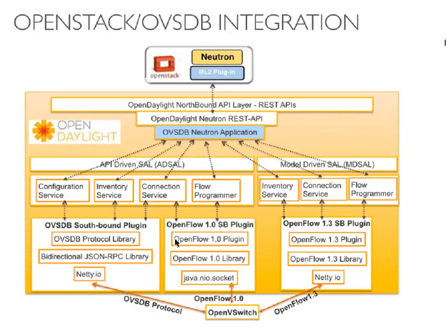The original ADSAL model is not Yang-based, but MDSAL is. That's why I separated them out, to showcase that 1.3 is a Yang-based approach, while 1.0 is not. With OVSDB we still work with no Yang, just a pure raw JSON architecture, and we use it as APIs. So there's no cross-pollination; every plugin is an independent entity on its own.